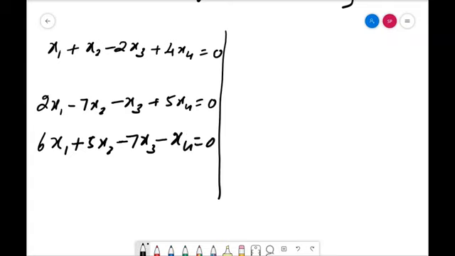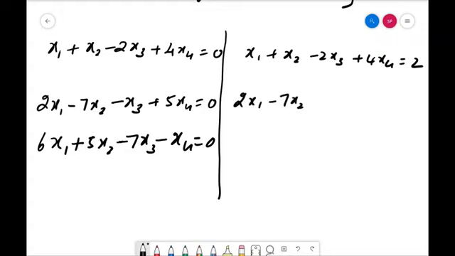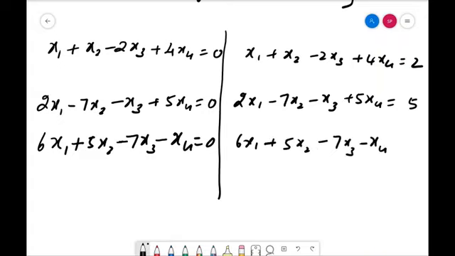Now the same equations, I'll take them in this way: x1 plus x2 minus 2x3 plus 4x4 is equal to 2, 2x1 minus 7x2 minus x3 plus 5x4 is equal to 5, and then 6x1 plus 5x2 minus 7x3 minus x4 is equal to 9.